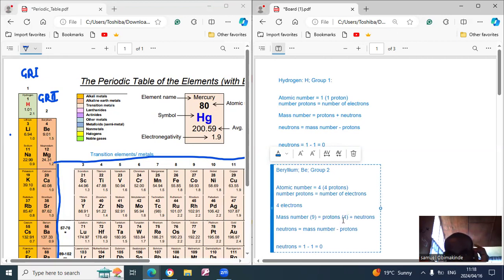So here we can calculate the number of neutrons. The number of neutrons will be the mass number, which is 9, minus the number of protons, which is 4. So in this case, it would be 9 minus 4, which will be equal to 5.